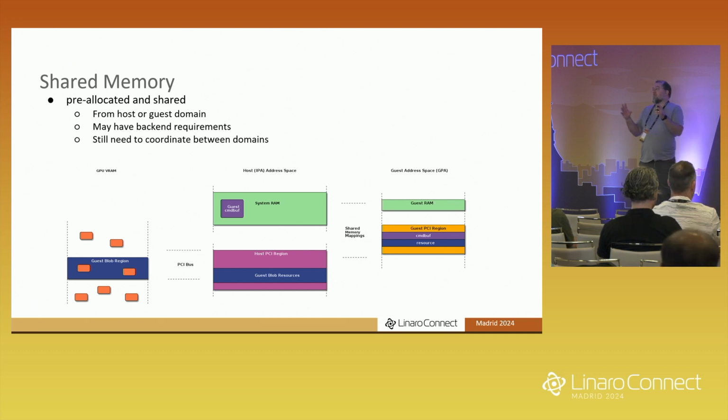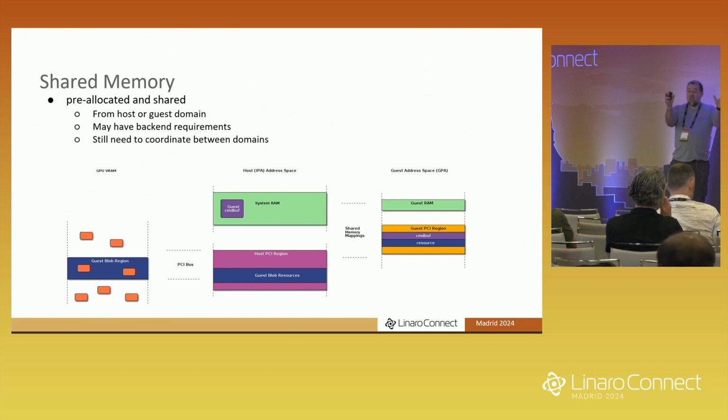So in the case of something like GPUs, what you actually do is you have a mechanism for allocating these shared buffers, but asking the host to do the allocation for you. In my slightly scrappy diagram, I'm trying to show this here. We have the GPU with a bunch of VRAM. A region of that GPU is reserved for the guest, and allocations for textures are done there.